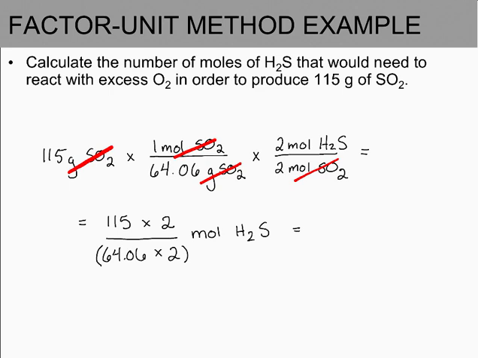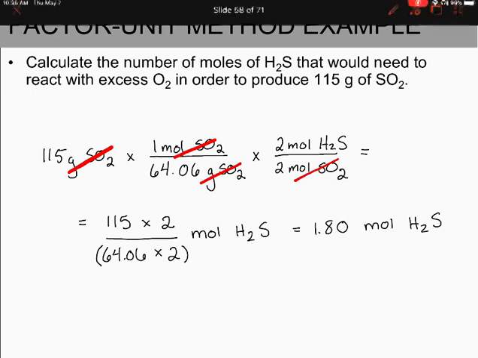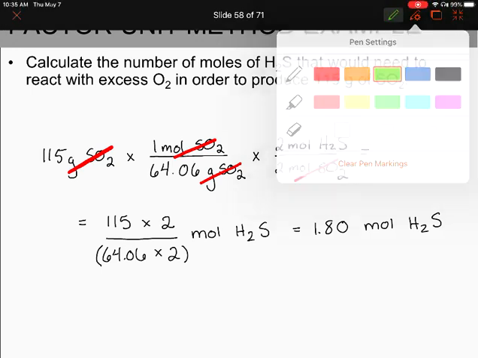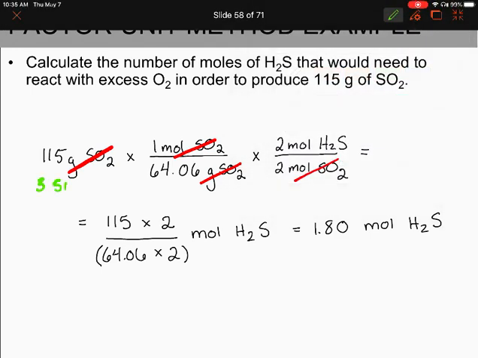Alright, so once you plug that in, you should get a value of 1.80 moles of H2S. And I did round my value so that I would have 3 sig figs, because in the very beginning of the problem, we had 3 sig figs.